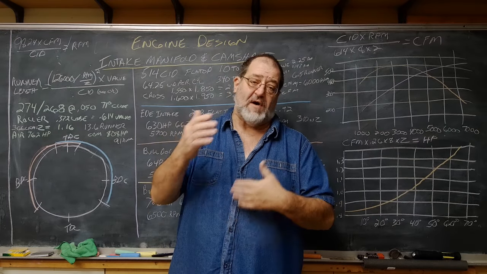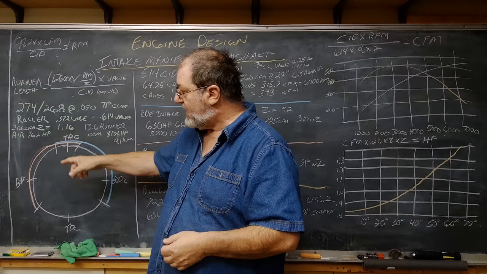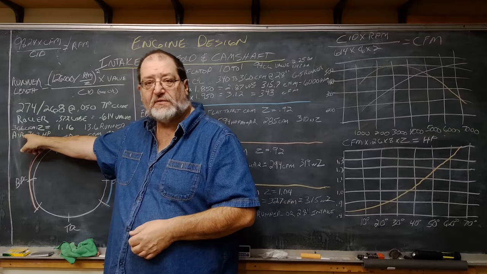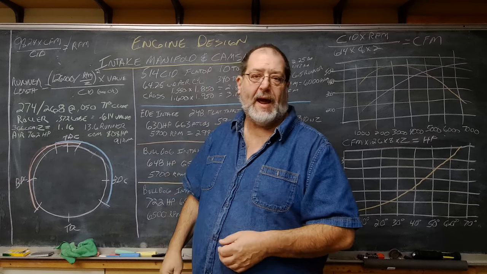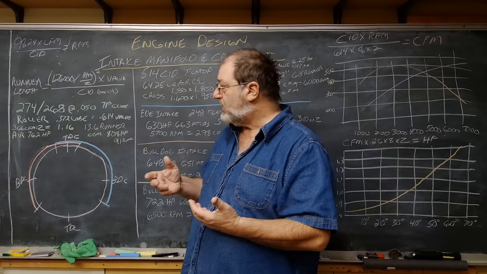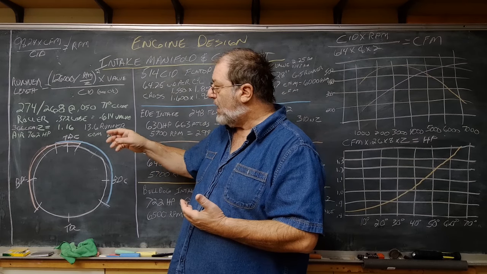Remember, some of this is about time, the time for filling the cylinder. So if I take the 315, 316 CFM and I multiply it times 1.16, that gives me 366 CFM. And that is the number that I'm shooting for.